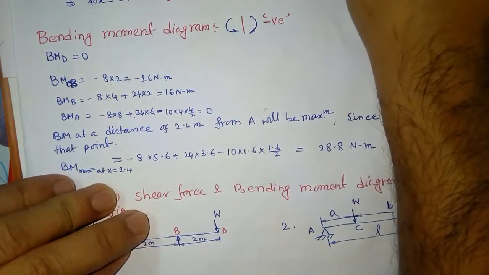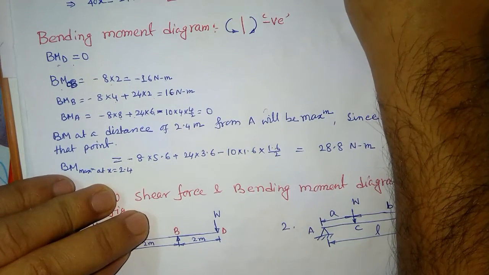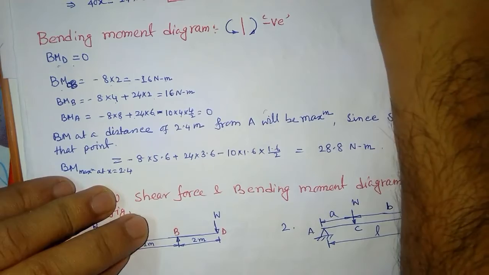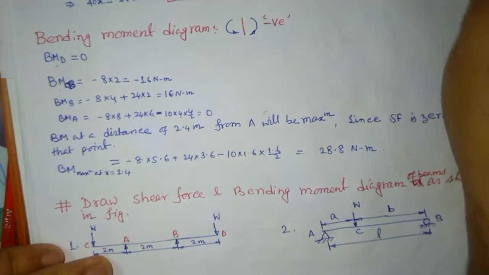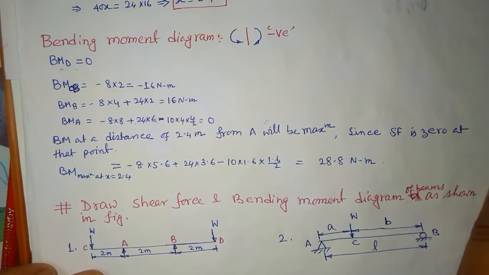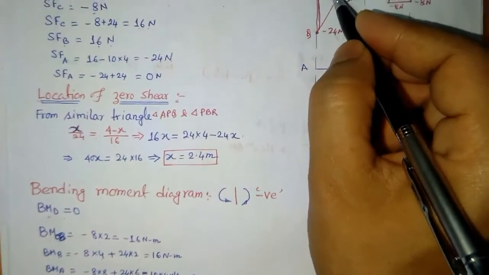So as we have seen, let's find the bending moment at the 0 shear point, because there is some importance of that bending moment at 0 shear point. So let's see. Bending moment at 0 shear point means that is at 2.4 meter.